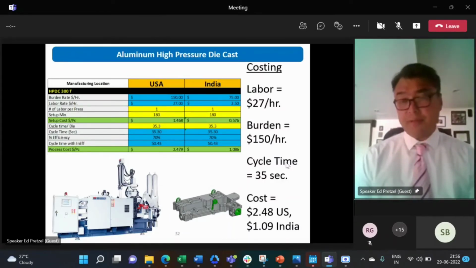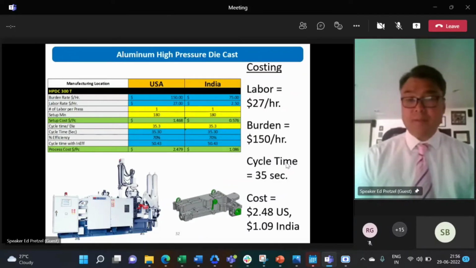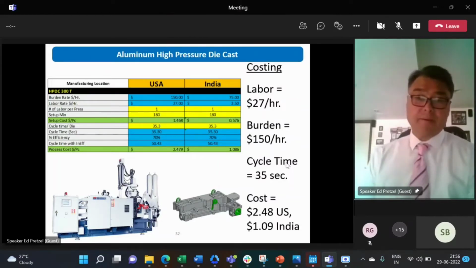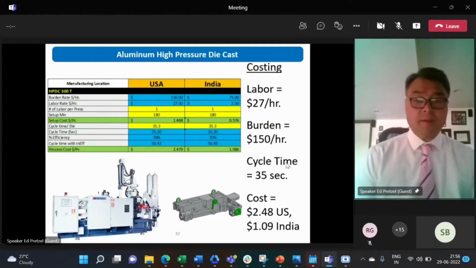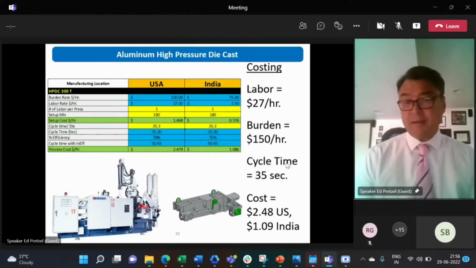They produce every 2 weeks in order to reduce their inventory, and so there is a premium that you have to pay for that setup. At least you have visibility into it now, and you can manage that better. It is a form of waste. But you'll see the USA cost at $2.48 and India at $1.09.